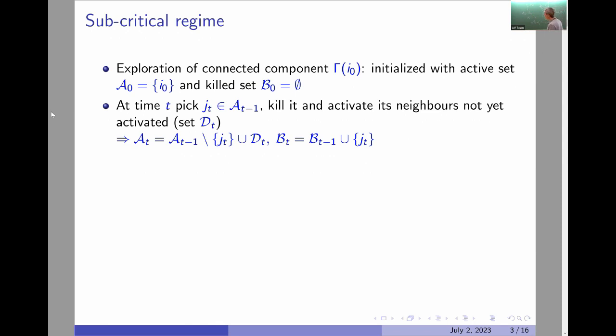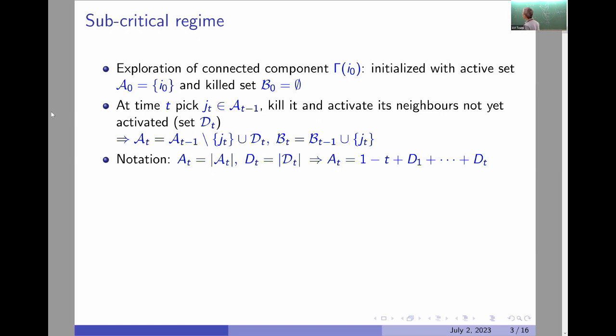So I have formally the following. I have AT. This is the number of active nodes at step T of my construction. DT is the number of newly added active nodes.